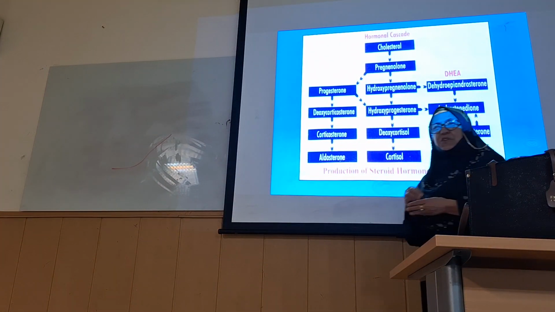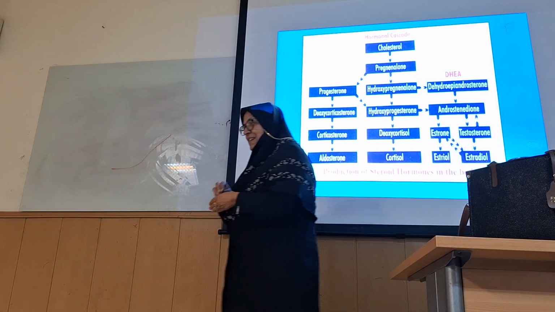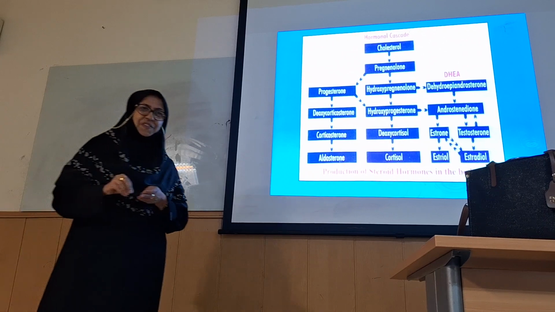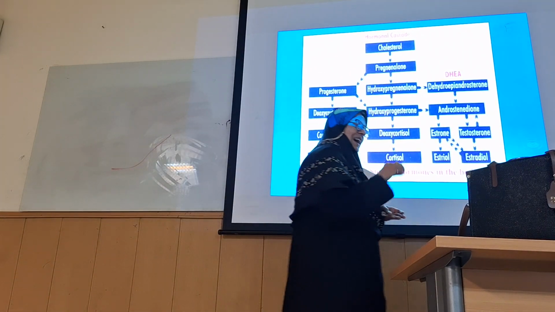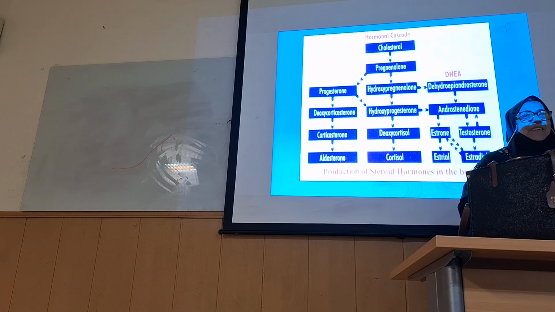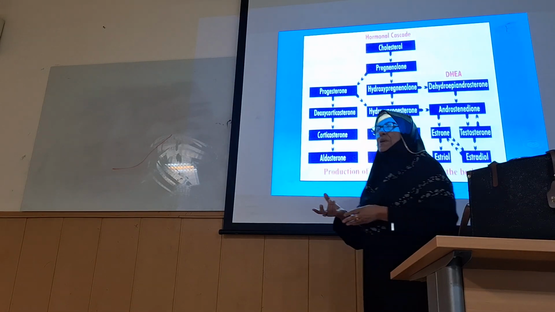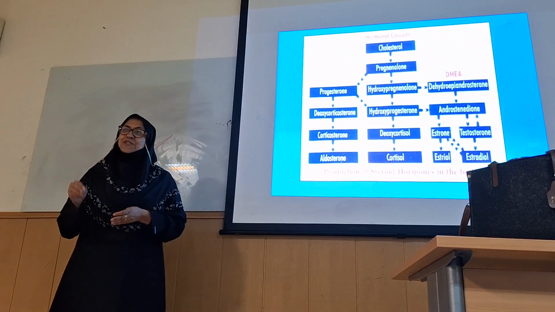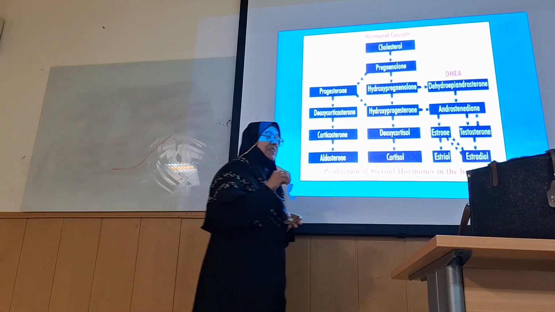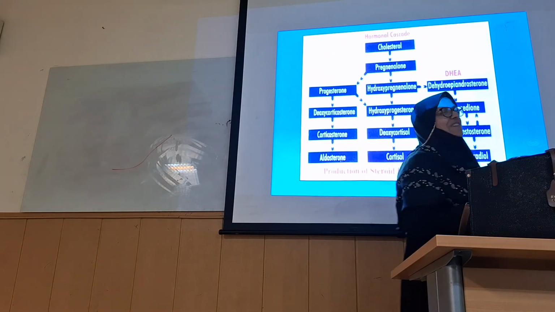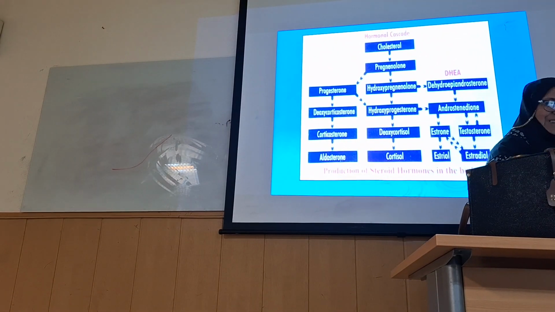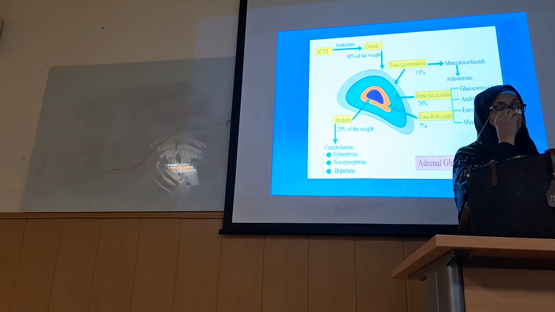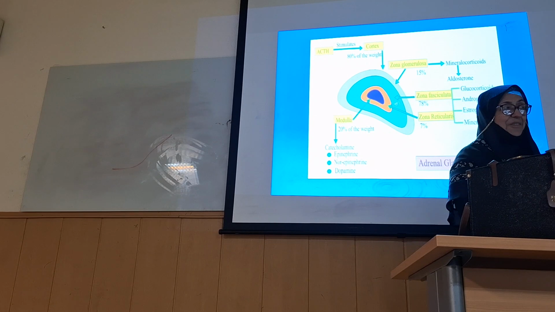From zona reticulata, approximately 5 to 10% weak sex hormones are released, female and male. Weak female hormones, for example, estriol. Weak male hormones, androstenedione and dehydroepiandrosterone. These hormones are in your book. Should we memorize them?